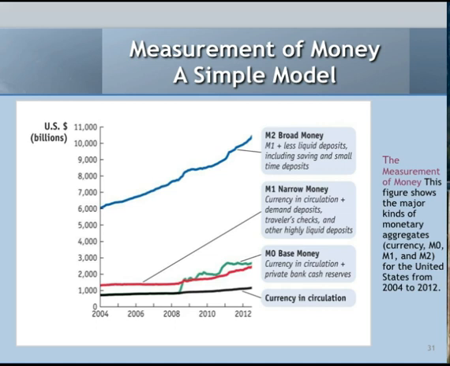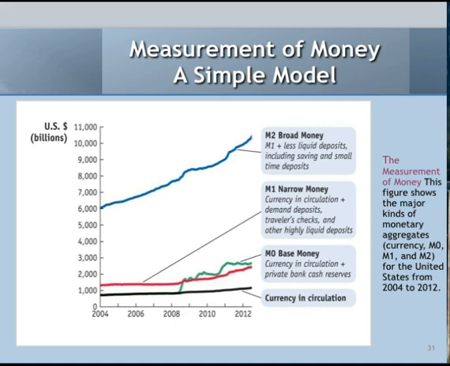So let's begin by talking about various kinds of money in the economy. We have currency that's in circulation. We have base money, that's currency in circulation plus the private cash reserves in banks. We also have what's referred to as M1 narrow money, and this also includes currency in circulation again, but it also includes demand deposits, the deposits you put in your bank, traveler's checks as well, and other highly liquid deposits.